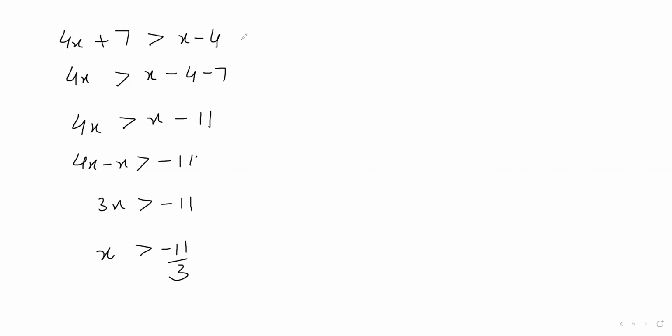If we have an inequality of this type, minus 3 less than or equal to 2x plus 3 less than 9, we can solve it separately, but we can also solve it at a time.